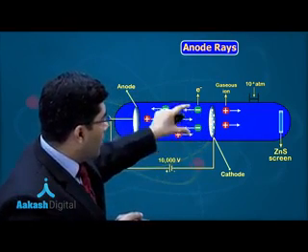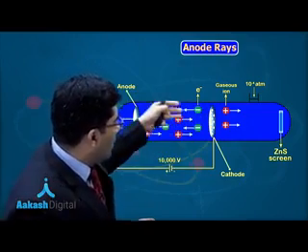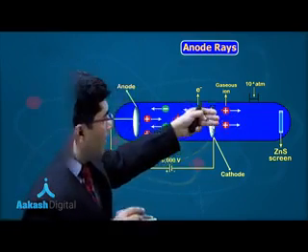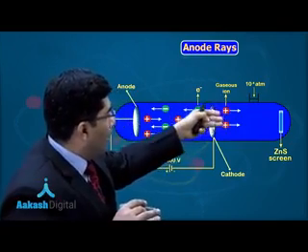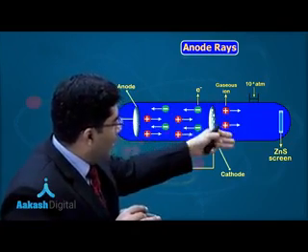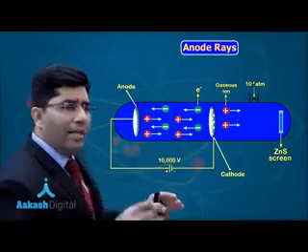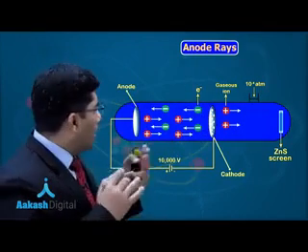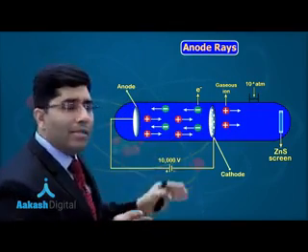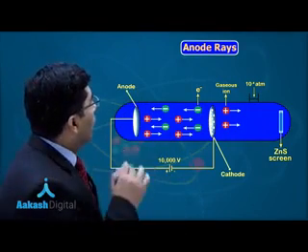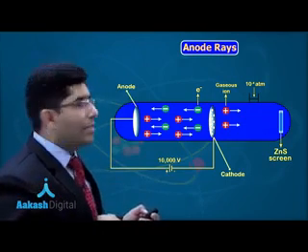He took a perforated cathode through which those particles passed and they gave fluorescence on striking the zinc sulfide screen, that is the fluorescent screen. It means that there are some particles apart from the cathode ray particles, and those particles were named anode rays. Now let's talk about the properties of anode rays.